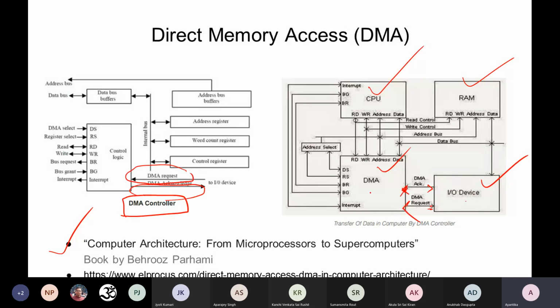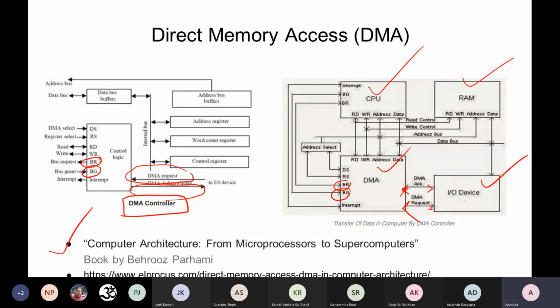Once that DMA acknowledgement is given by the DMA controller, that request will go by this bus request and this bus grant. These are two pins. So when this bus request pin is high, here also the same pin you can see. This is the control logic.